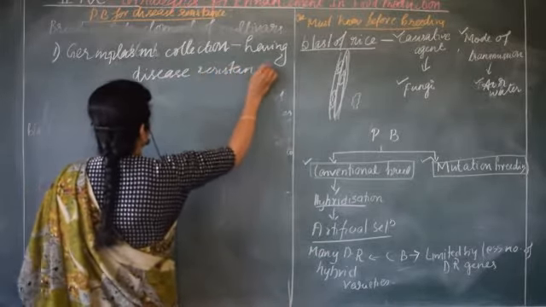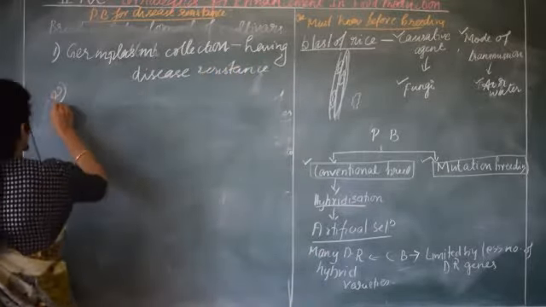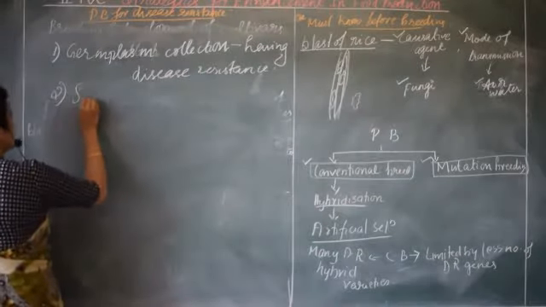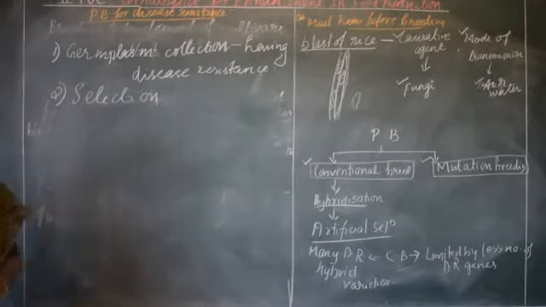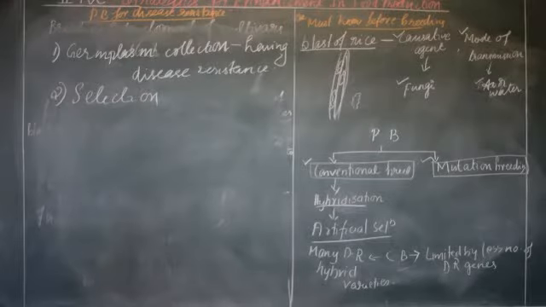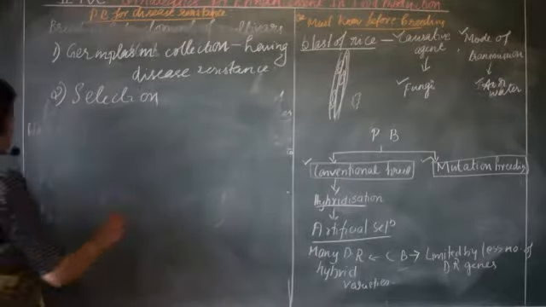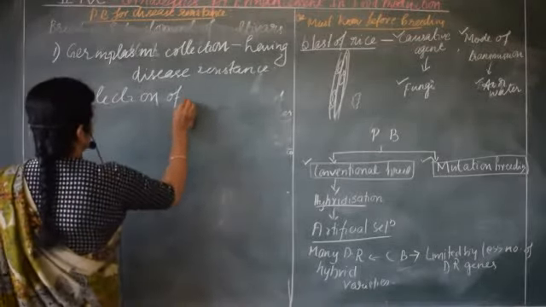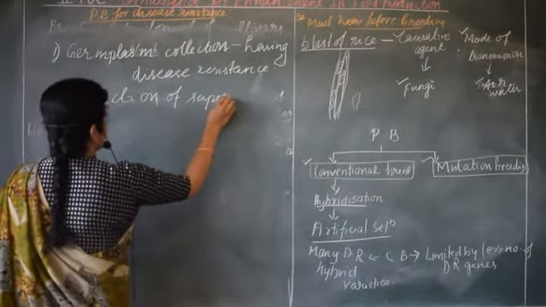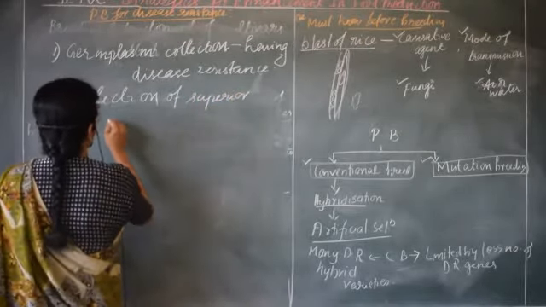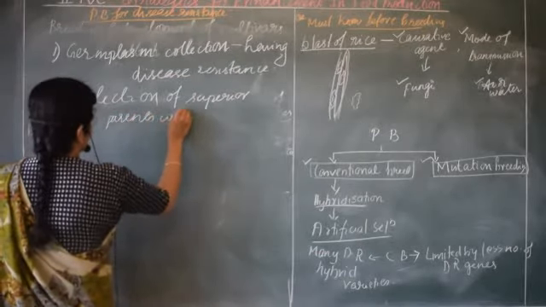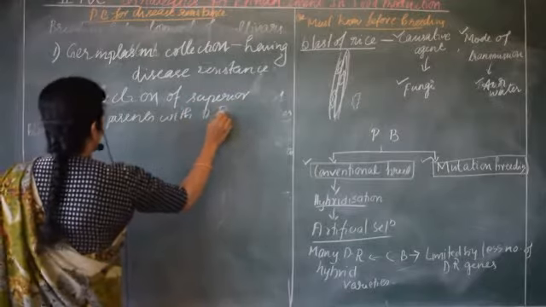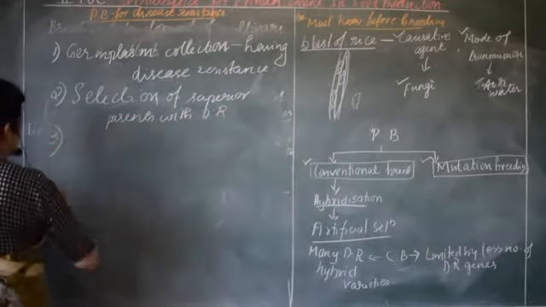Second step was selection of parents, right? Here, selection of superior parents with disease resistance. Then what's the third step?